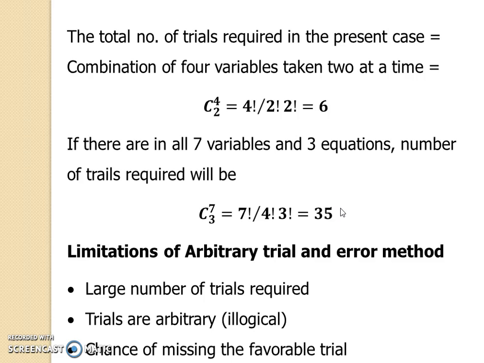The trials are arbitrary, that is illogical. Some of the trials may give us infeasible solution also. Further, when large number of trials are required to be considered, there is a chance of missing the favorable trial also. So, we can't depend upon the arbitrary trial and error method.